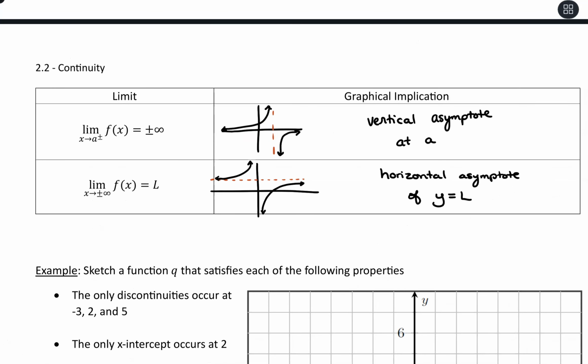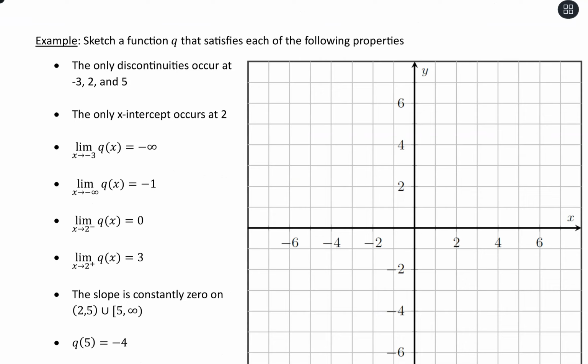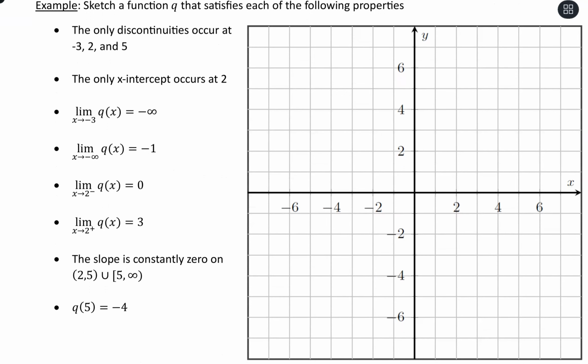Okay, so with that, let's see if we can put a sketch together, given some information, and putting it all together. So, just going to do a read through here. So we have discontinuities at -3, 2, and 5. And in fact, maybe I'll go ahead and just highlight, okay, here's where -3 is.